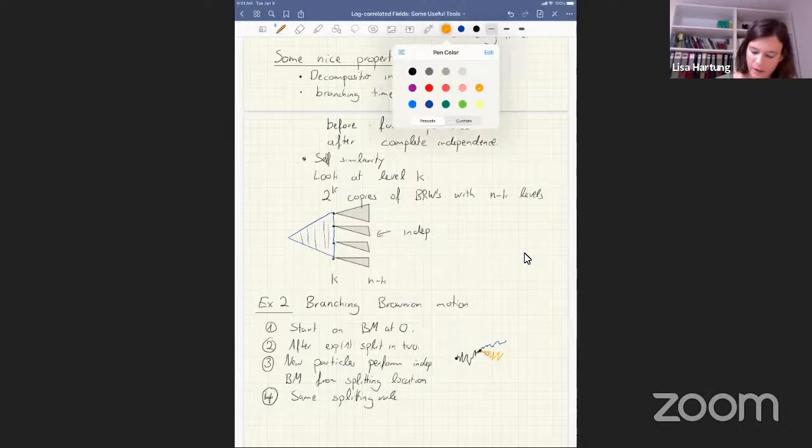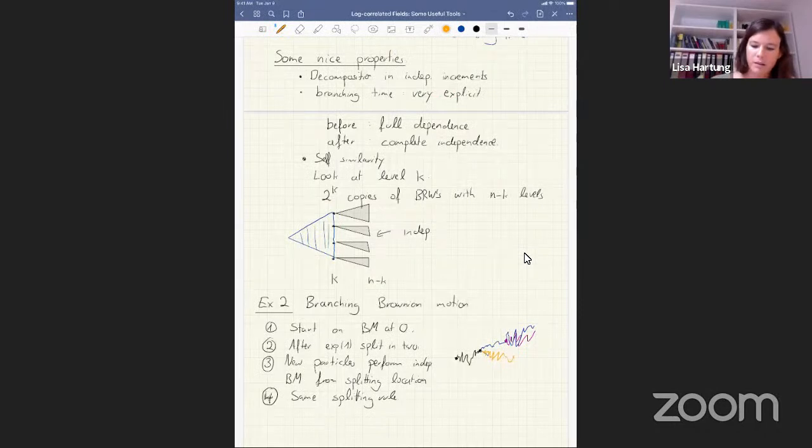So for instance, let's say the blue particle splits here, then I get again 2 independent Brownian motions here. And the orange one might have lived a little longer alone before it split.